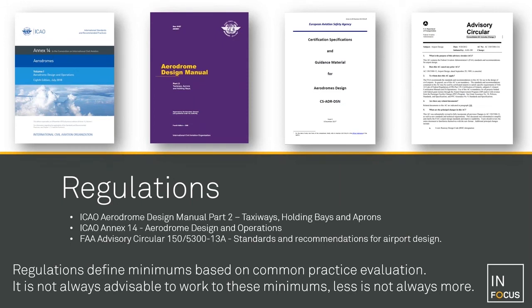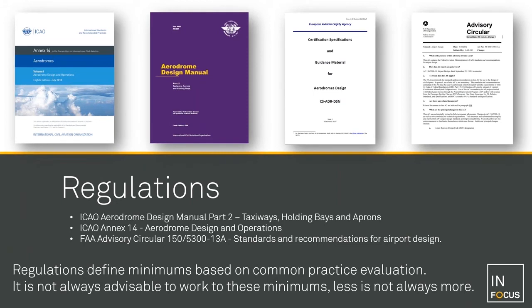First, there are regulations that we need to follow. These regulations you'll find around the world in different locations. We have the ICAO regulations, where we, in this case, follow very heavily Annex 14, and the Aerodrome Design Manual. Around the world, many other countries have their own versions which have been made legally binding.